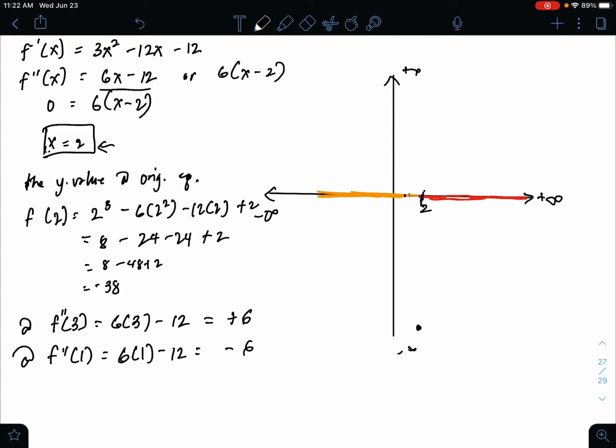Sige na lang. Tapos, dili daw, kaya nag-upward na siya. Perfect.